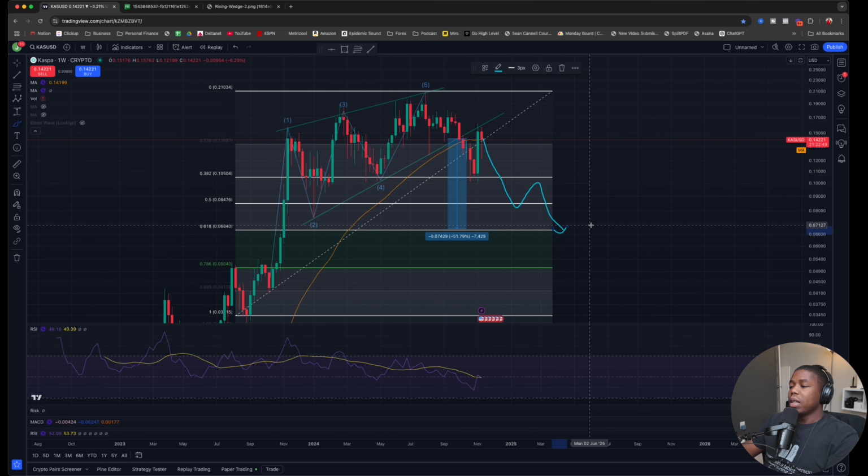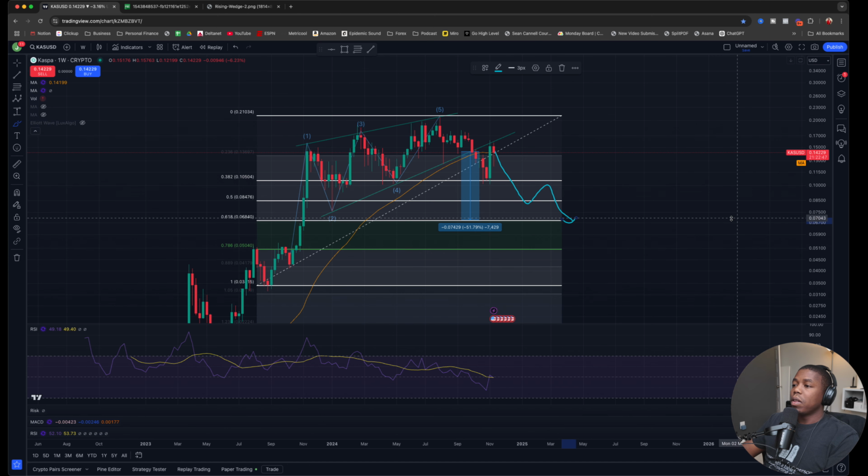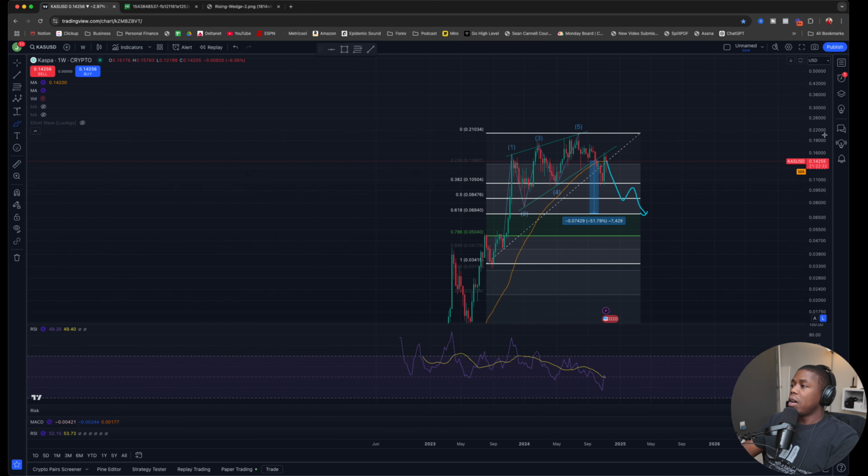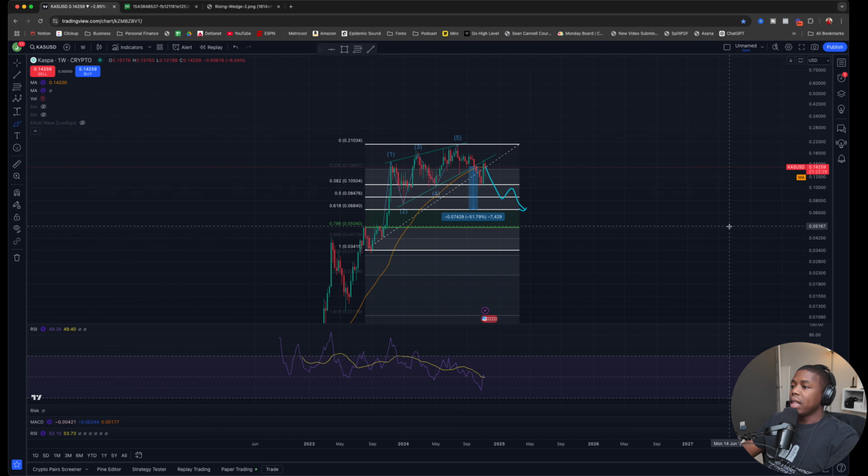So that's what I'm going to be looking for over the next couple of weeks, next couple of months rather, just because it may take some time for it to do that. But once it does, we can literally see this go parabolic potentially. And at that time, we'll have to do some more analysis of where I think this is going.